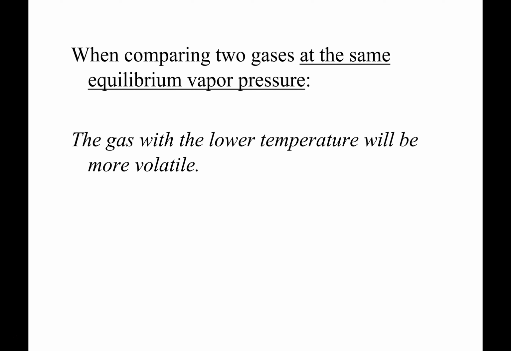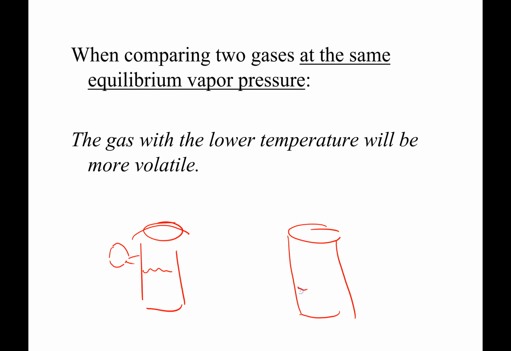Okay, so I have another scenario. I'm going to draw my beakers down here. There's too much liquid, but that's okay. There's my watch glass to seal it off. Now, if you read the slide, we're trying to get them at the same equilibrium vapor pressure, not the same temperature. I'll use the same 2 liquids, A and B, and cap it off.